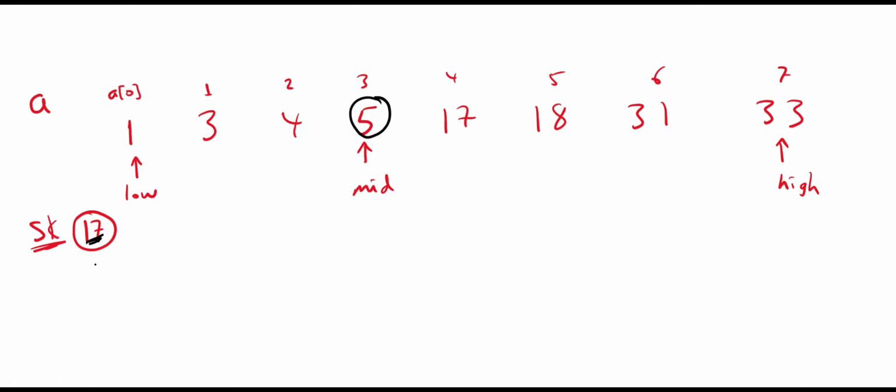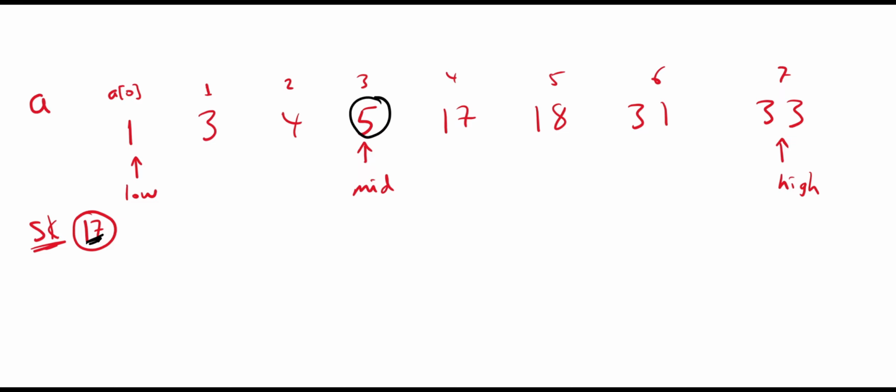Actually, if we were looking for 5, 5 would be equal to 5, and then we can say that we found the element in this sequence and terminate the algorithm. But now we are looking for 17, so 17 is not equal to 5.